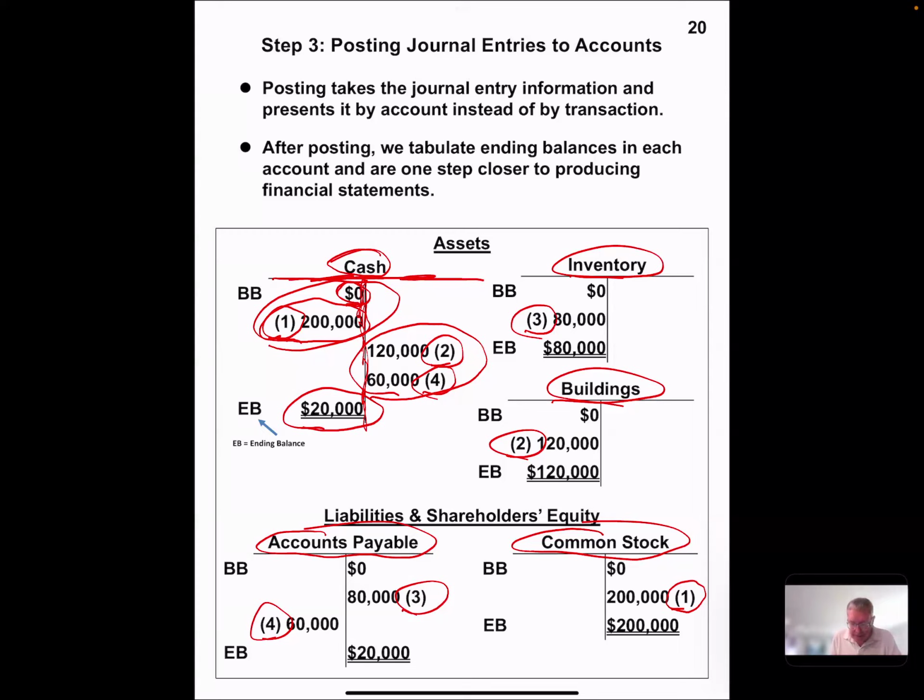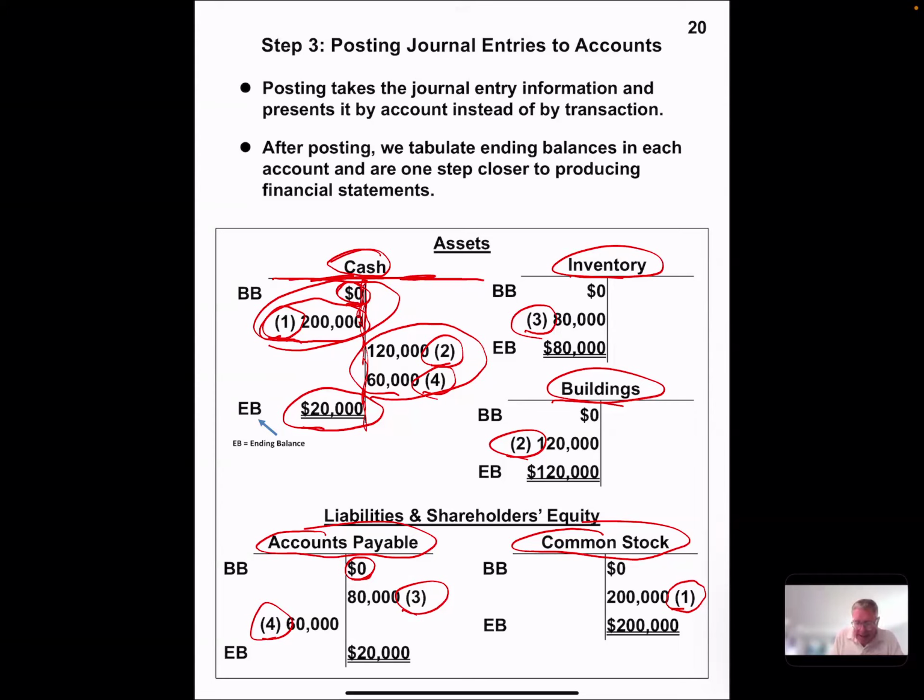Okay. Let's look at accounts payable. See how this works, because this is a credit. This is a liability account, right? So accounts payable, notice its beginning balance is on the credit side. So that's where we start to do T account math. Start with the beginning balance, add any transactions on the same side as that beginning balance. So 0 plus 80. So right now I have a total of $80,000 credit balance.